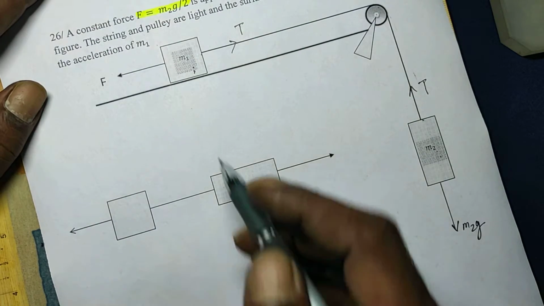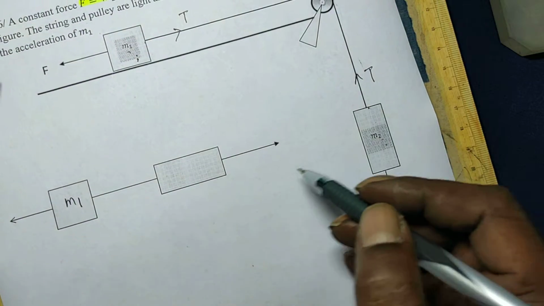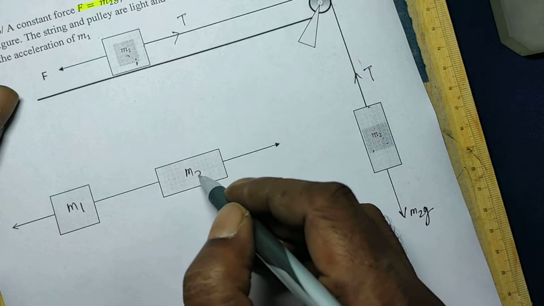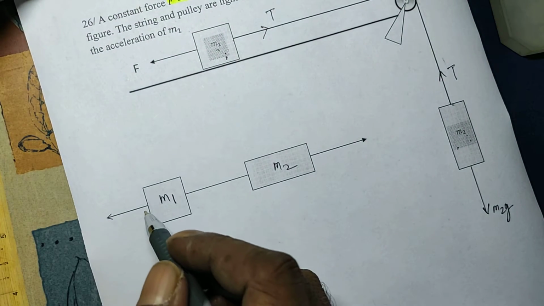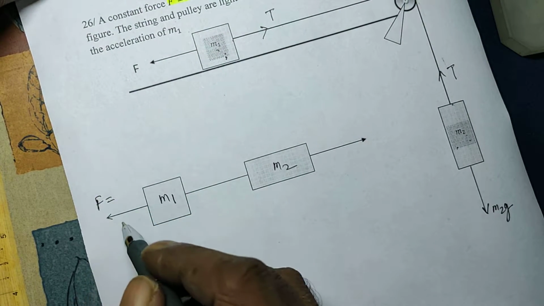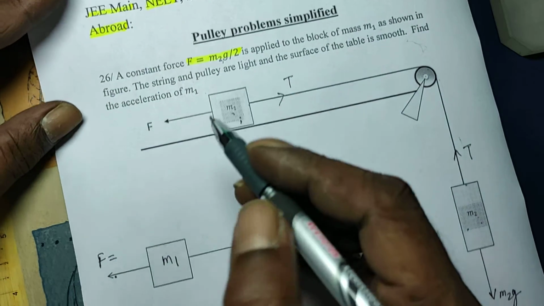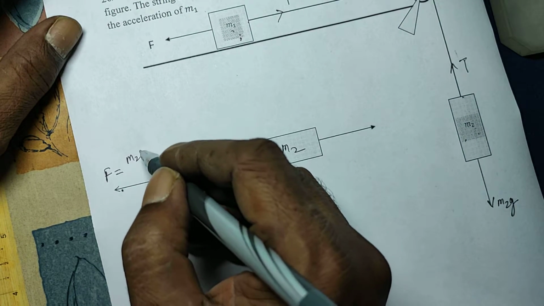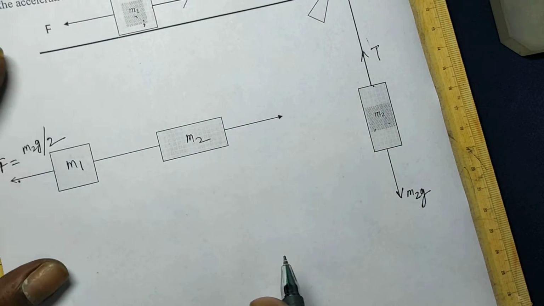Now, this is m1, same thing as this m1. And this is m2, same thing as this m2. And here this F, I show it here, and the value of F is given in the numerical problem as m2g over 2, meaning half of its weight.